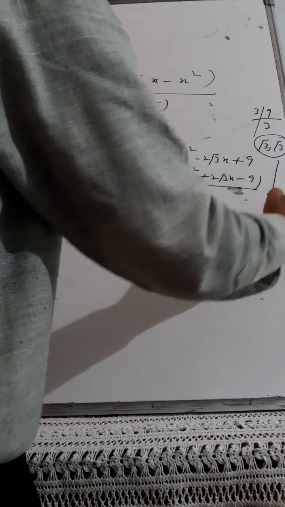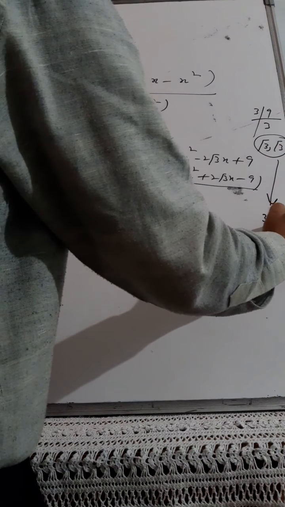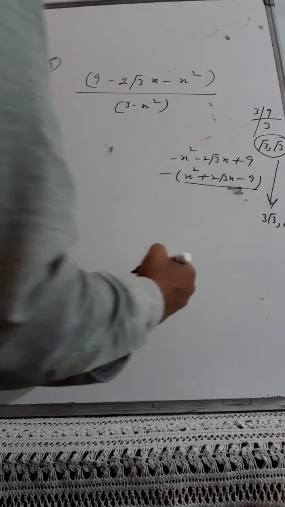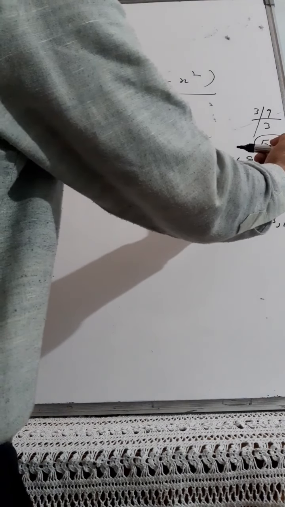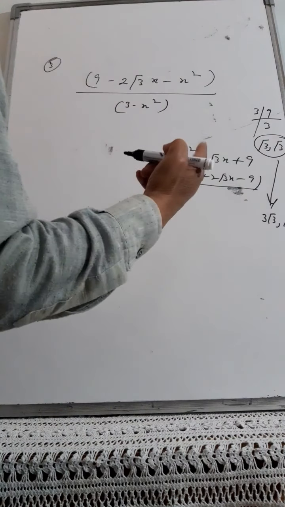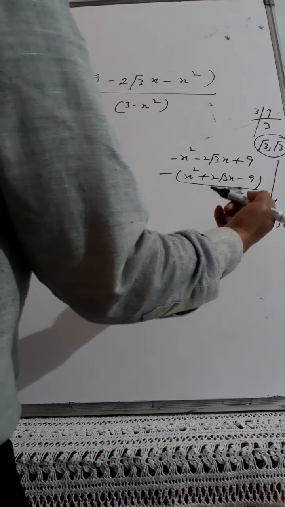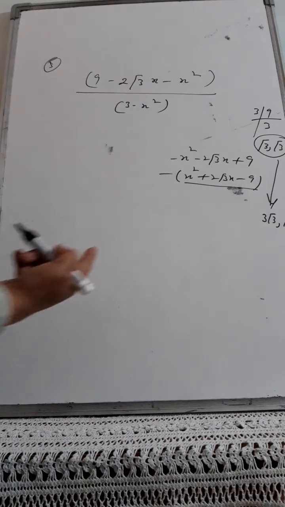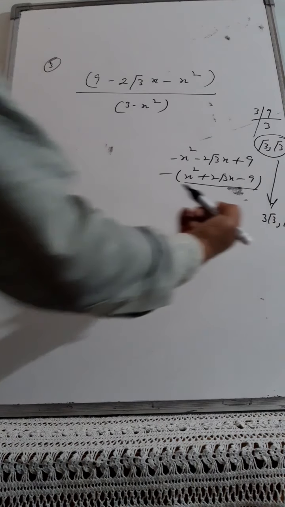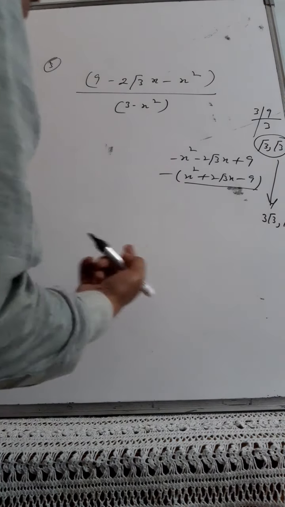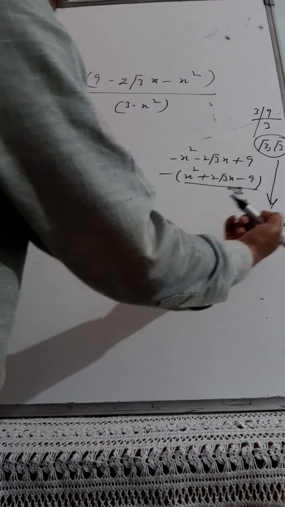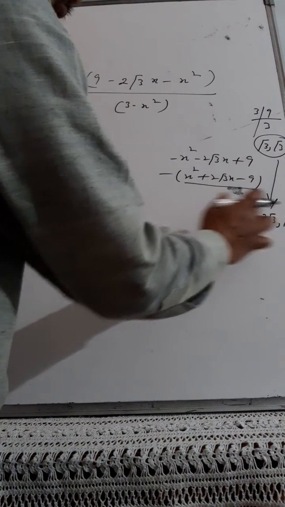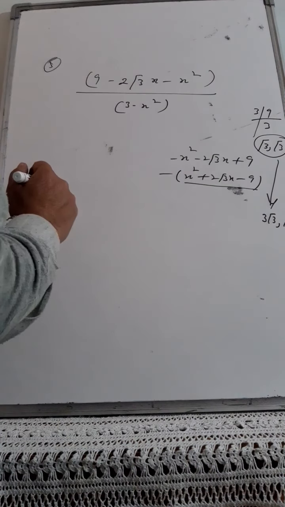So I can take the pair 3 root 3 and root 3. If I add, root 3 and root 3 make 2 root 3. But from the difference point of view, I can take 3 root 3 and root 3. If you subtract, your difference will be equal to minus 2 root 3.